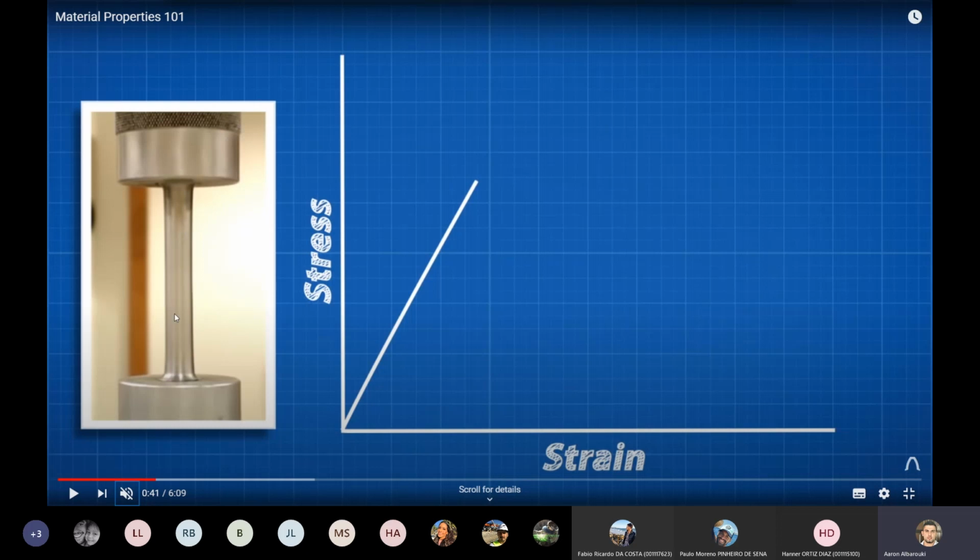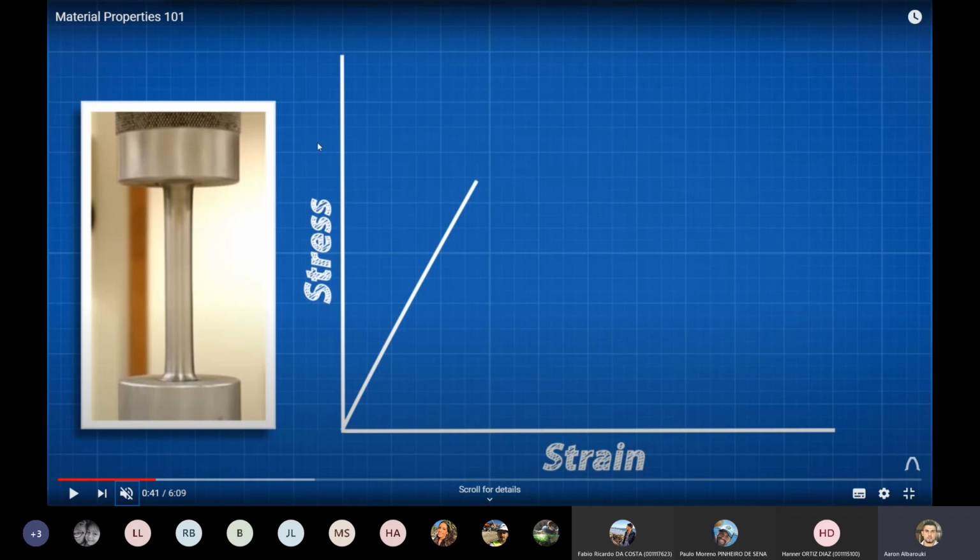Deformation, this piece of steel being extended, that's deformation. So we'll take the ratio of the force divided by the area, that will be our stress, and strain is the amount of deformation divided by the initial length of that sample. That's what we refer to as strain.